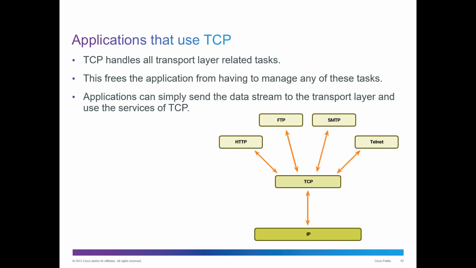Applications can send the data stream to the transport layer and use the services of TCP to make sure everything's arriving intact, in the correct order, that data is retransmitted, and it's presented as it was meant to be without the application having to do any of that work. So TCP, again, some processes associated with TCP, HTTP, FTP, SMTP, Telnet, all require that data is 100% in the form it was sent in.